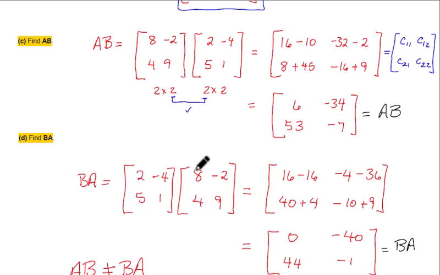So 2 times 8 is 16. 2 minus 4 times 4 is a minus 16. So this row, this column. And so we get this answer for BA. And if you compare these two, I'm looking at AB and I'm looking at BA, and they are not the same.